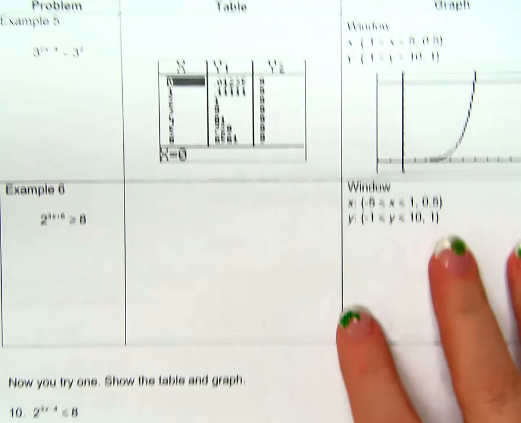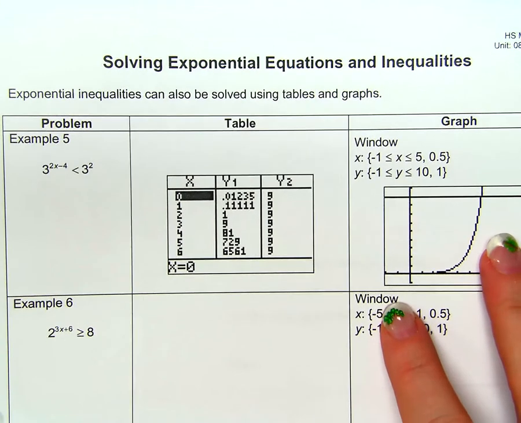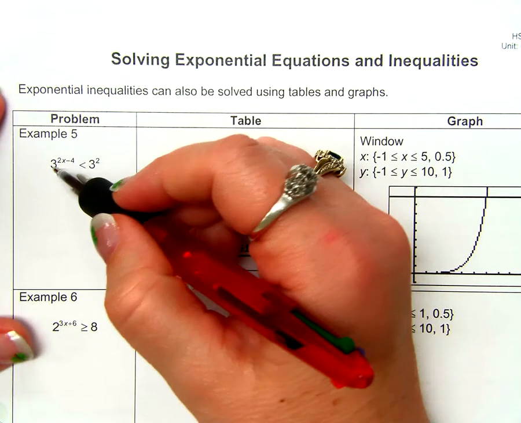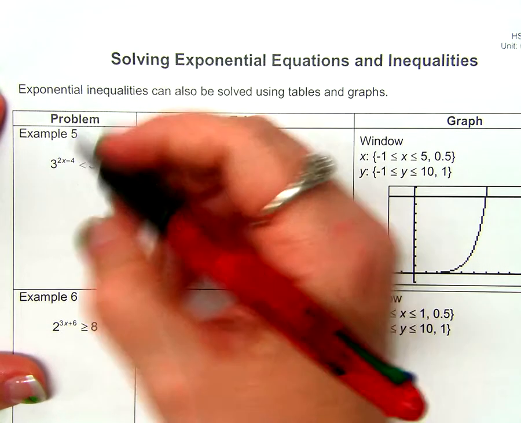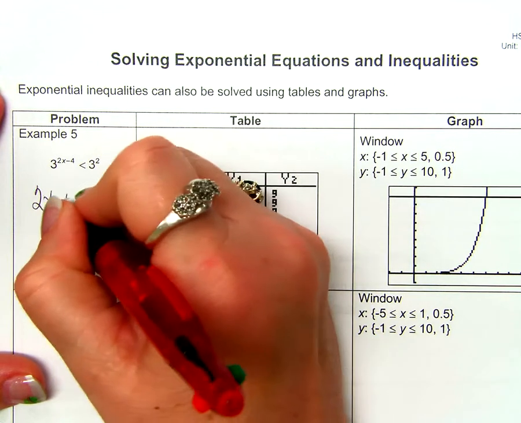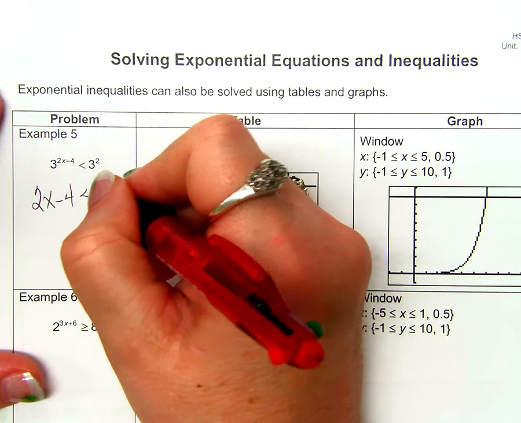Let's talk real quick about example number 5. Okay. On example number 5, I solved it for you algebraically, or I will very quickly. We already have like bases, so we can say 2x minus 4 is less than 2.